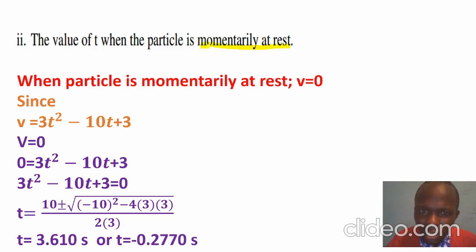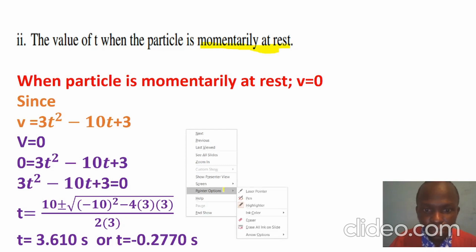Maybe now you have understood what we mean by momentarily at rest. When the particle is momentarily at rest, that means it is not in motion. And when the particle is not in motion, then we say the velocity must be equal to 0.